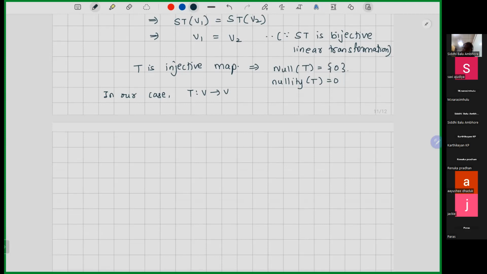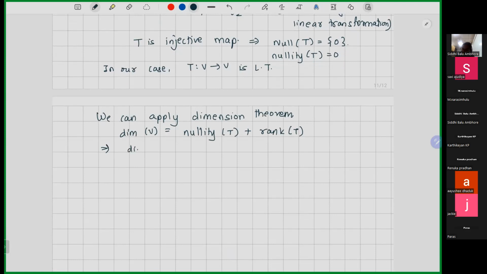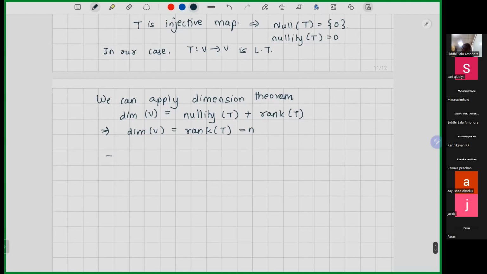Since T from V to V is a linear transformation, we can apply the dimension theorem: dimension of V is nullity of T plus rank of T. This implies that dimension of V is equal to rank of T, which is n. And once I have rank of T as n, I get that T is also a surjective map, because we know that the image of a linear transformation is a subspace of the codomain.